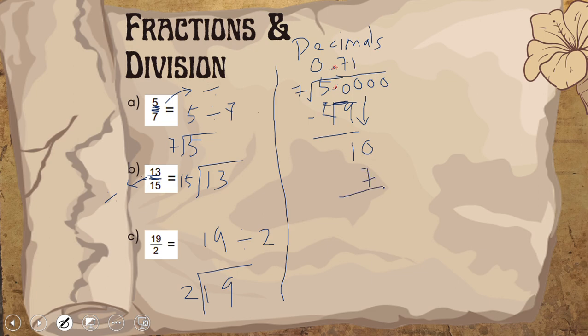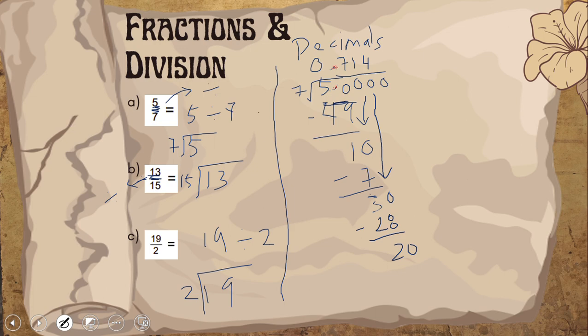It is 7, so we minus, we will get 3. Now this 0 also we move down. 30 divided by 7 we can get 4, because we have 28. So it will go on and on.